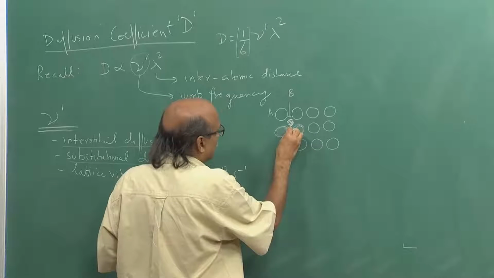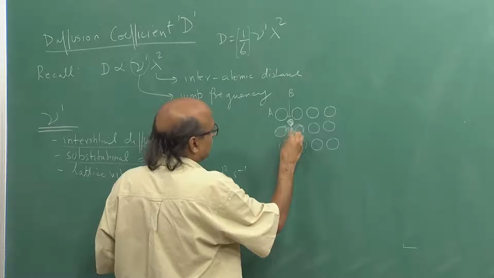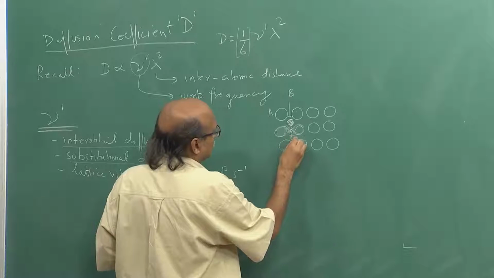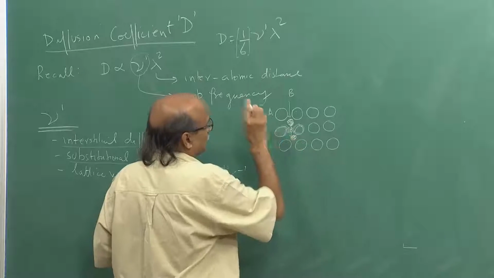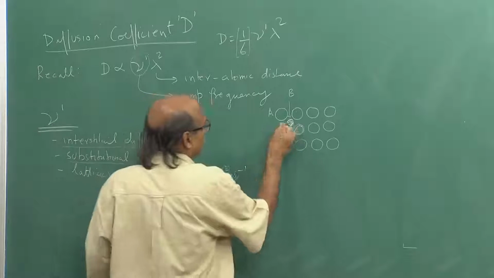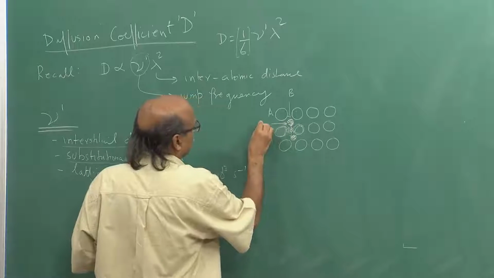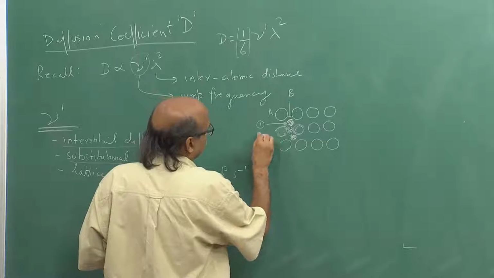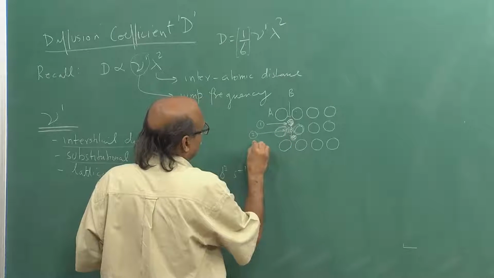So, it jumps from here to an intermediate position and then finally to the position in the neighboring interstitial site. So, I have let us say position 1, position 2 and position 3.